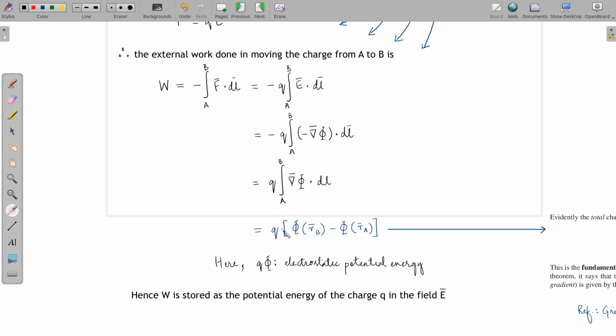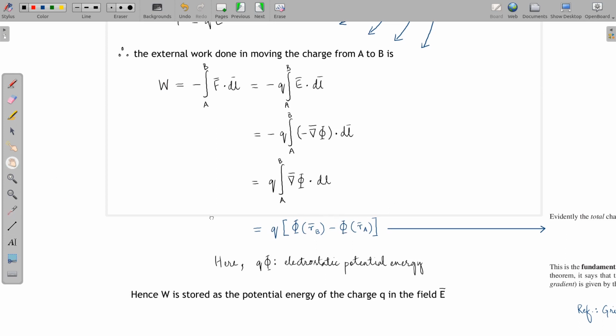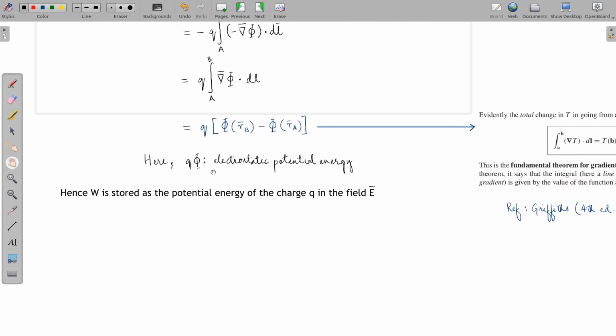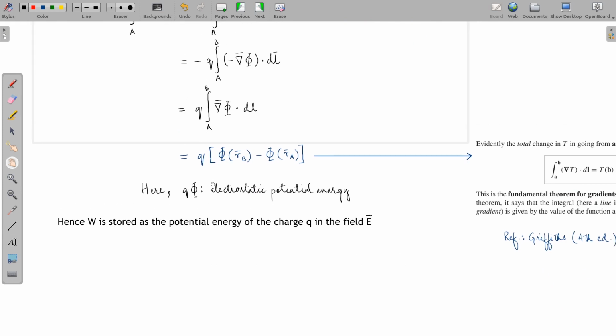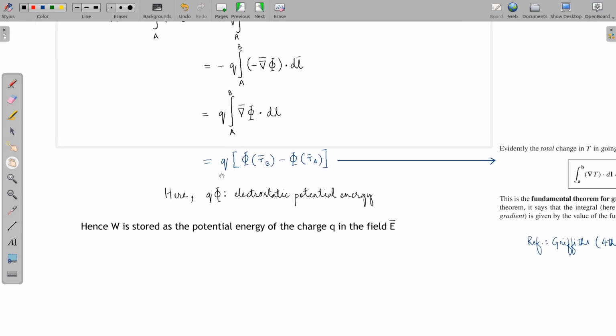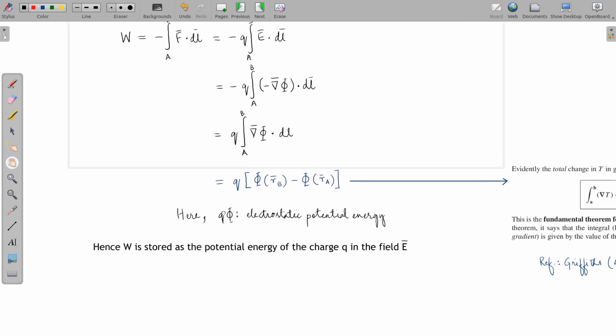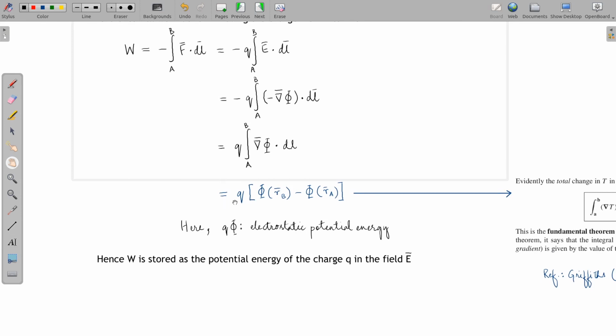So Q phi at B is the potential energy at point B, and Q phi at A is the potential energy at point A. So the external work done will be equal to the difference in the electrostatic potential energy. This is a very satisfying result, because it is similar to what we are used to in the gravitational case. Gravity is a central force, and we have a similar result there. Now the Coulomb force is also a central force, so we expect something similar. So this is an expected result.